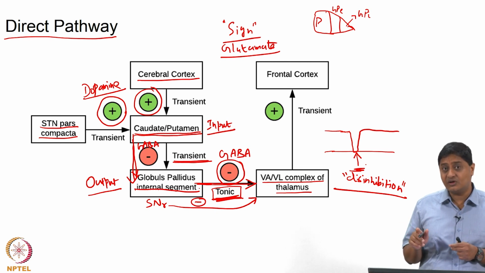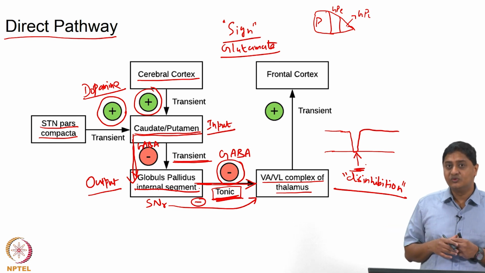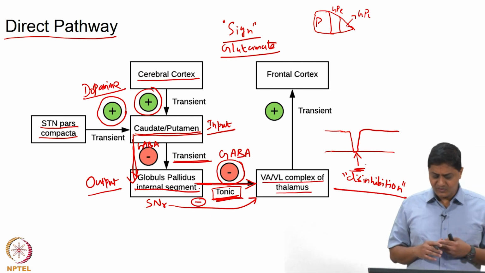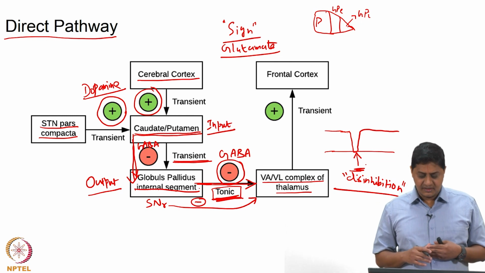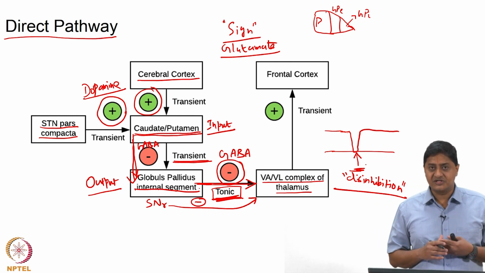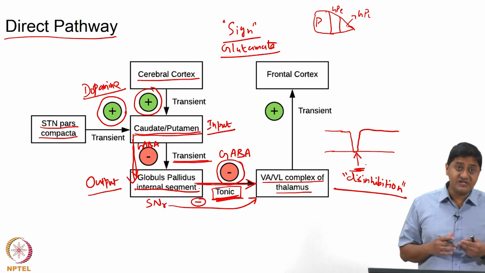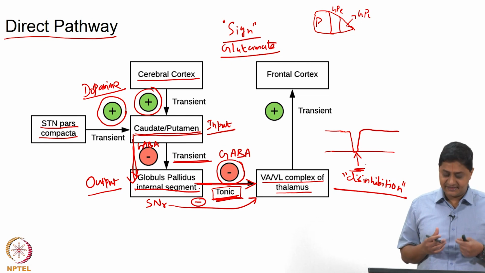That means it does not go through the internal circuitry, the GPE, it directly goes to the output structure GPI, right. Whereas the striatal neurons themselves are excited by two possible sources: the glutamatergic projections from the cortex excite the striatum, and the dopaminergic projections from the substantia nigra pars compacta excite the striatum.